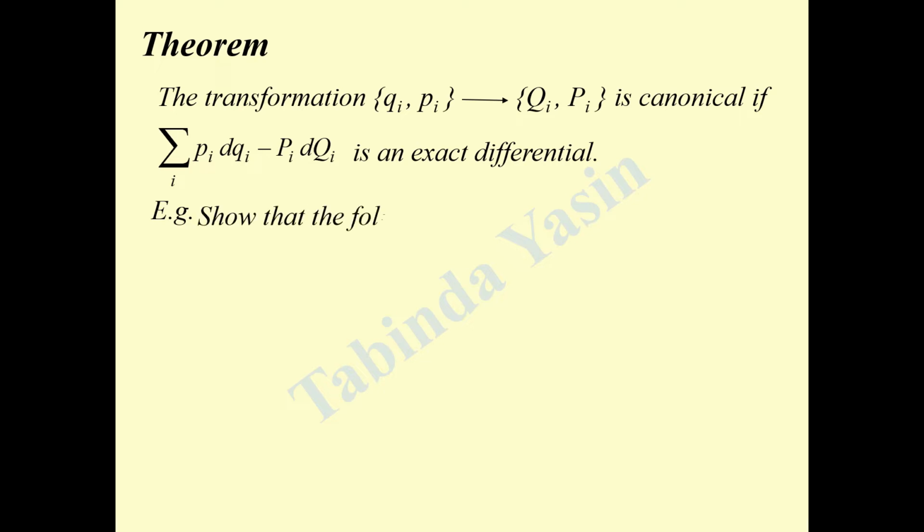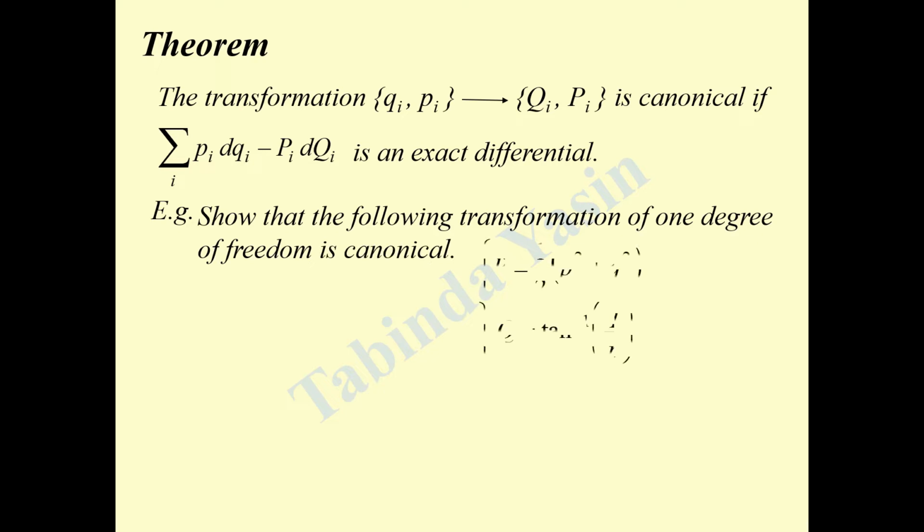First example: show that the following transformation of 1 degree of freedom is canonical. We have capital P equal to 1 by 2 into p square plus q square, where these are the old coordinates, and capital Q equal to tan inverse of small q over small p. Now we're going to start the solution.